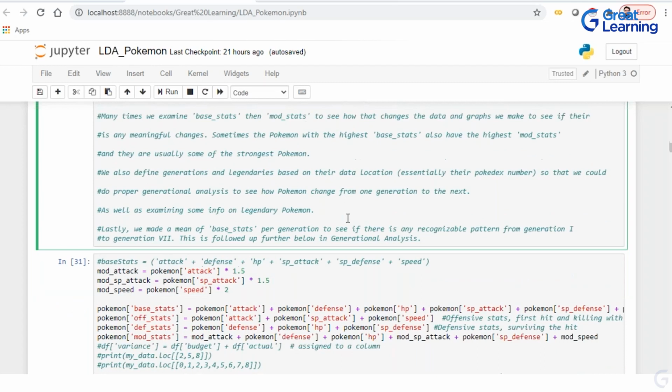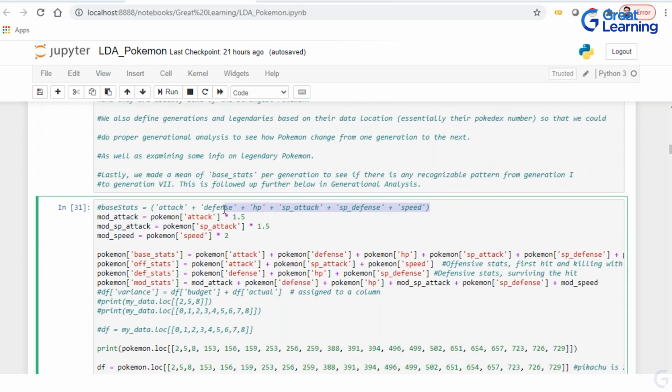And when we say base stats, you can see these are our base stats. So we picked up attack, defense, the HP, the special attack and special defense, and the speed, we considered that as our base statistics, because these are characteristics of the Pokemon which describe their basic strength. Let's put it this way.